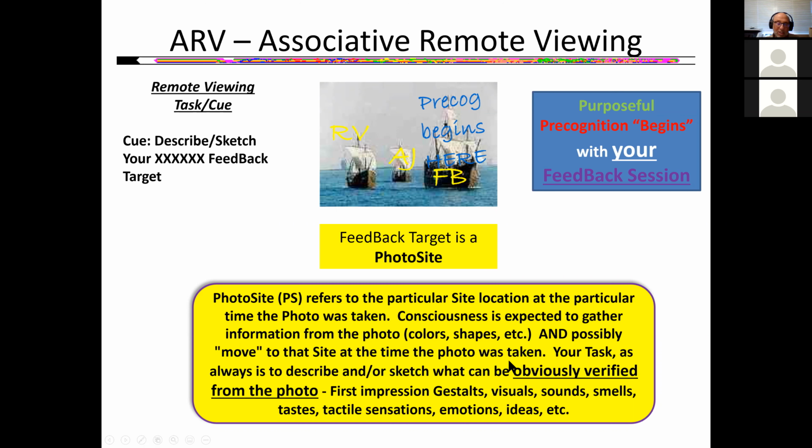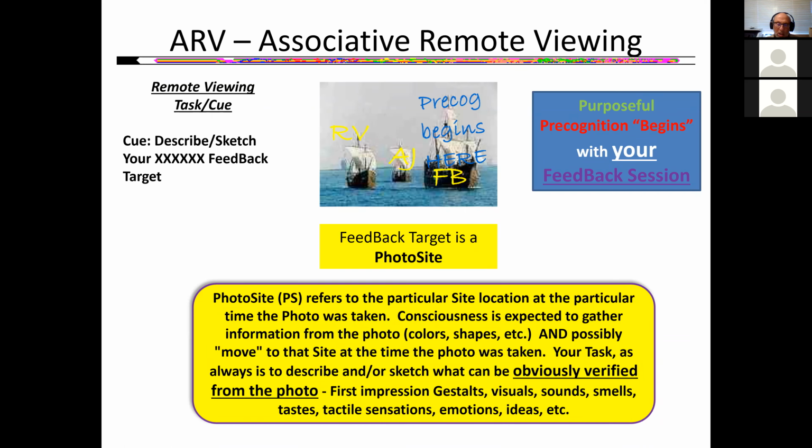Now, your task, as always, is to describe and or sketch what can be obviously verified from the photo. Very important, because remember the judging stage? He is going to be looking at a transcript and the two possible photos. You don't want to give him something that's 100 feet away from what's actually in the picture. That won't do him any good.